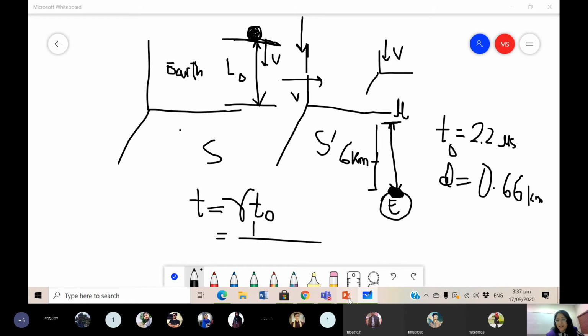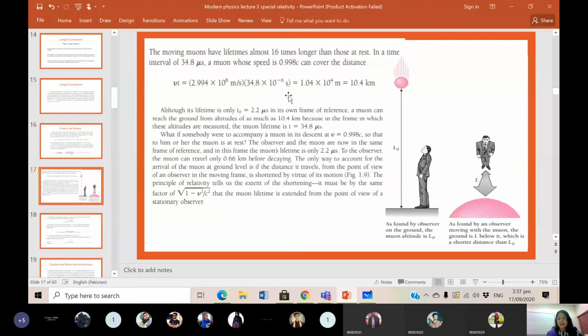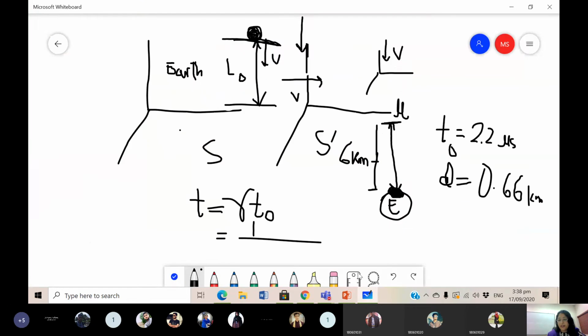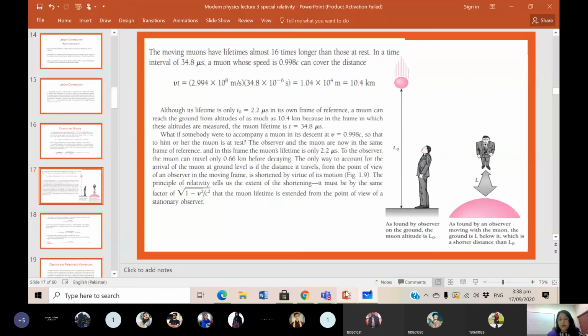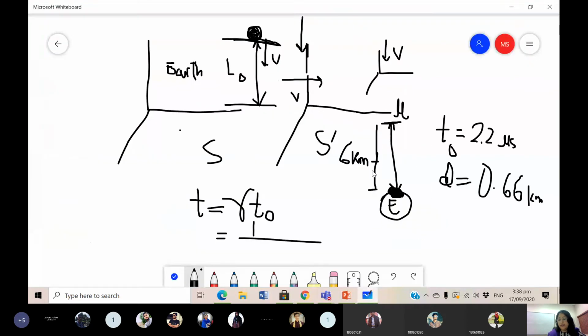So now if we calculate the distance that the muon can travel before decaying as seen on Earth, that will be its velocity times the dilated time. That will be 10.4 kilometers, which is greater than 6 kilometers. So according to the observer on Earth, the muons will reach the Earth before decaying.